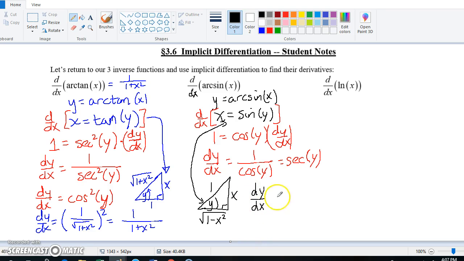Replacing the secant of y with the actual secant of y using the triangle. Remember, secant of y is the reciprocal of cosine of y. Cosine of y is the square root of 1 minus x squared over 1. So secant of y is 1 over the square root of 1 minus x squared.